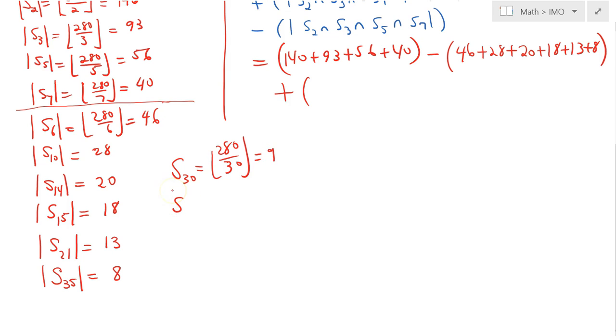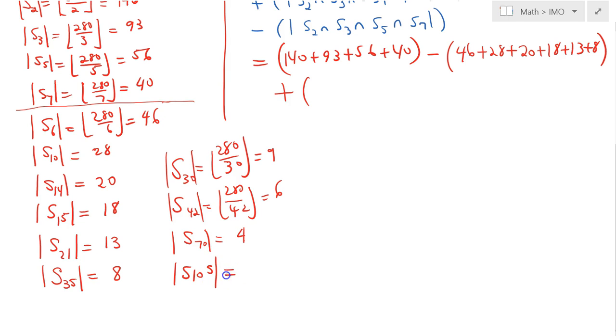I would need 2, 3, 7, which is 42. The size of this set would be 280 divided by 42, which is 6. Then I would have S70, that's 4, and finally S105, that one would be a 2. So we add back those numbers, 6 plus 4 plus 2.